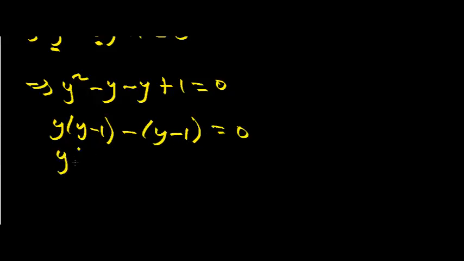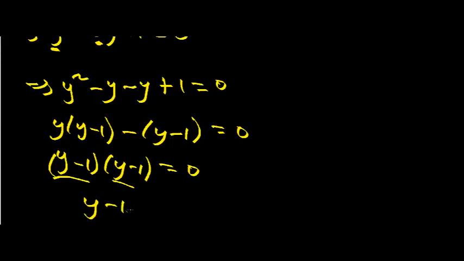So we have y minus 1 equal to 0. Since this and this are the same, we just equate y minus 1 to 0, and that implies that y is equal to 1.